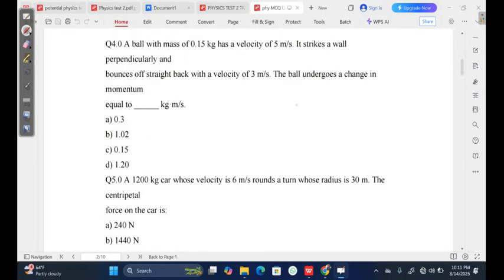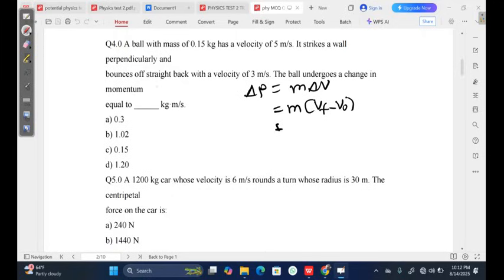One thing I want you to understand is that the change in momentum is given by the mass times the change in velocity. The change in velocity is V final minus V initial. It's very important to understand this principle because it's going to help you in most cases. So go back to my videos under momentum. I explained a lot of things under this subtopic, so it's going to be very helpful for you if you watch it.